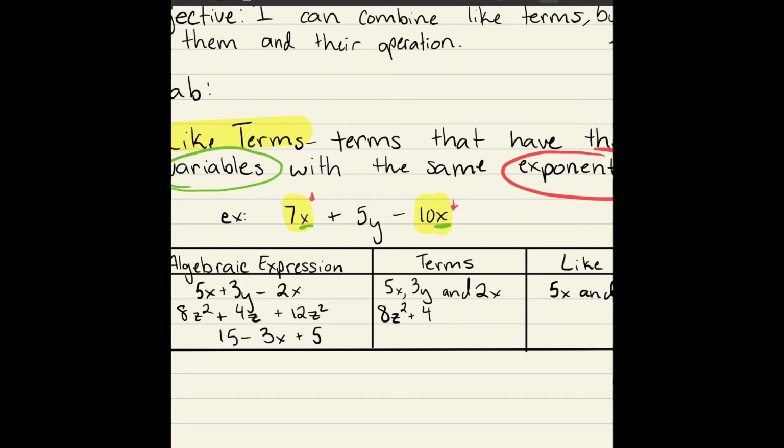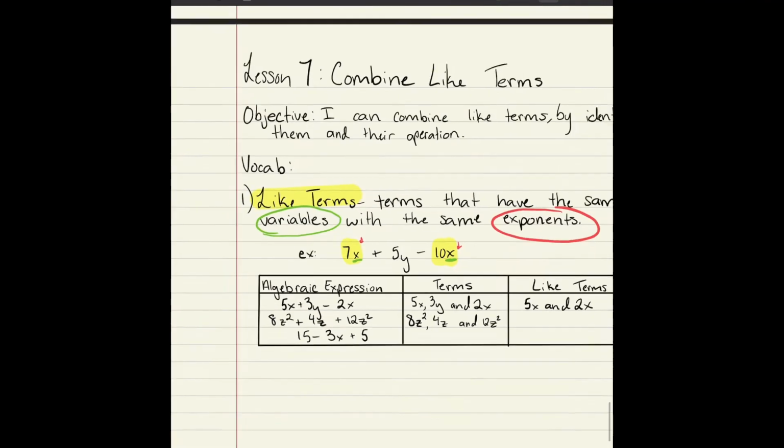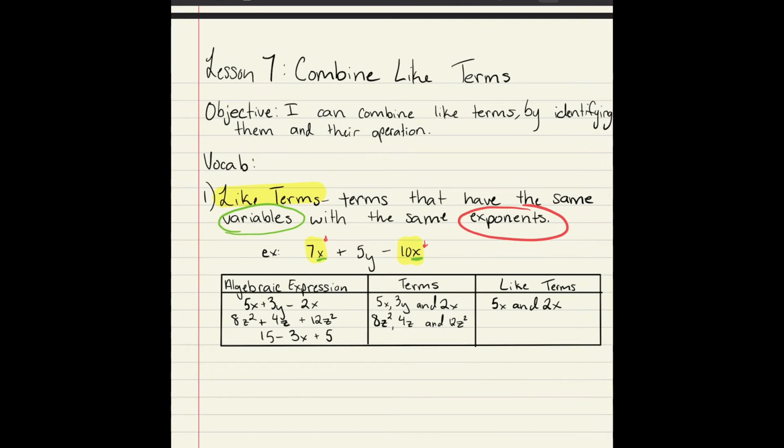So the like terms, the ones that are alike, that have the same variable and exponent, are 8z squared and 12z squared because they have the same variable and they have the same exponent.